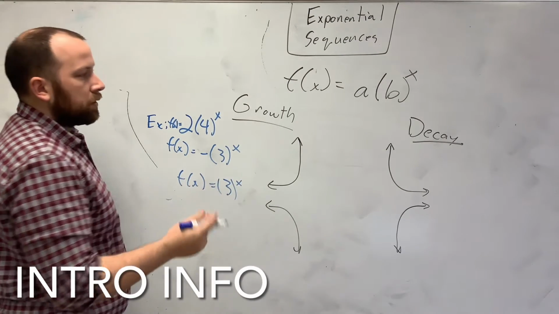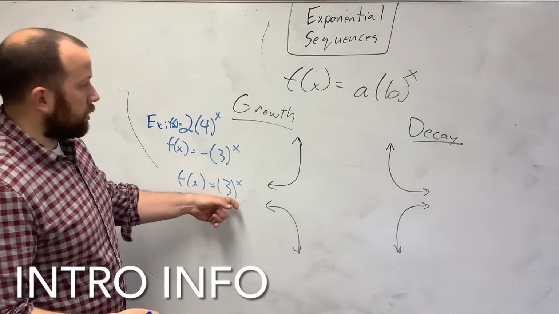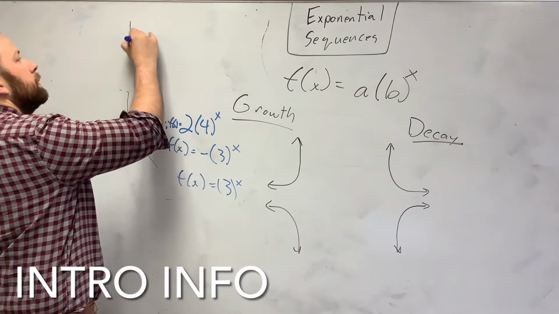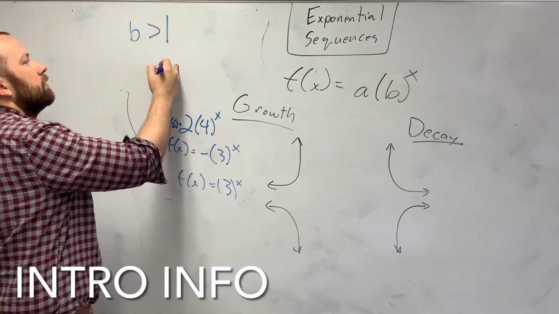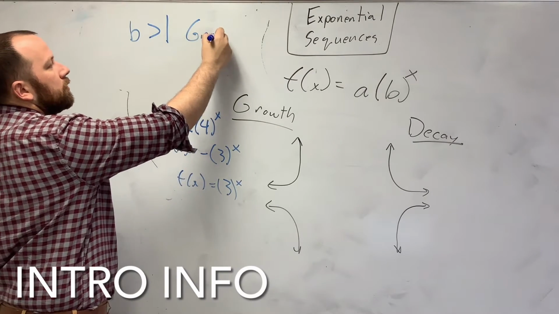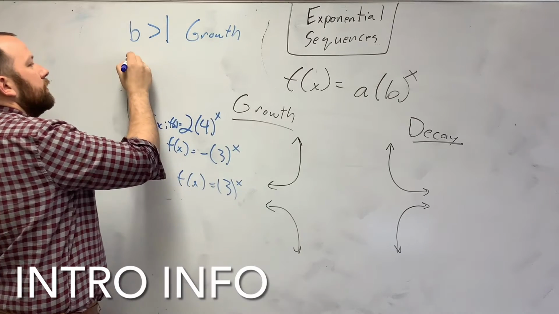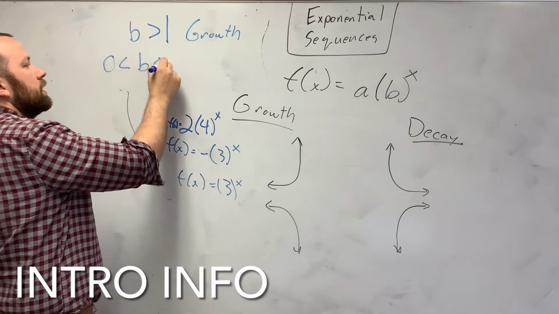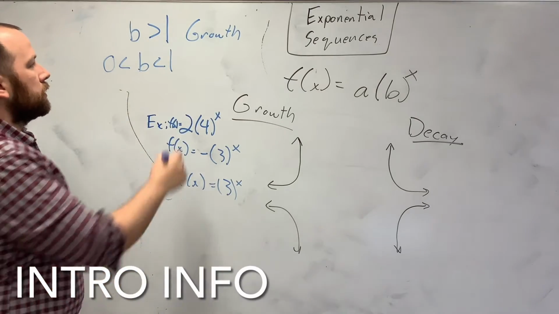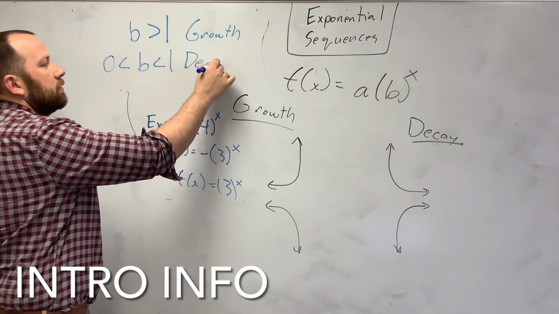How you know if it's a growth or decay depends on what your b is. If your b is greater than 1, then it's going to be a growth. If your b is in between 0 and 1, it's going to be a decay.